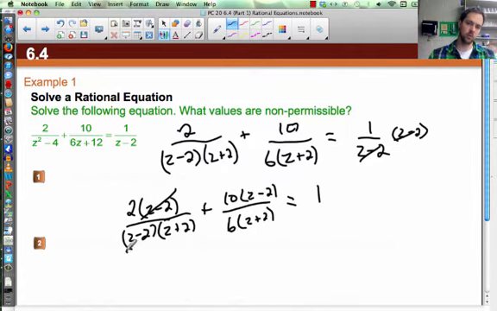Now, these will cancel, but we're still left with the z plus 2 in the denominator. So I want to multiply everything by z plus 2.